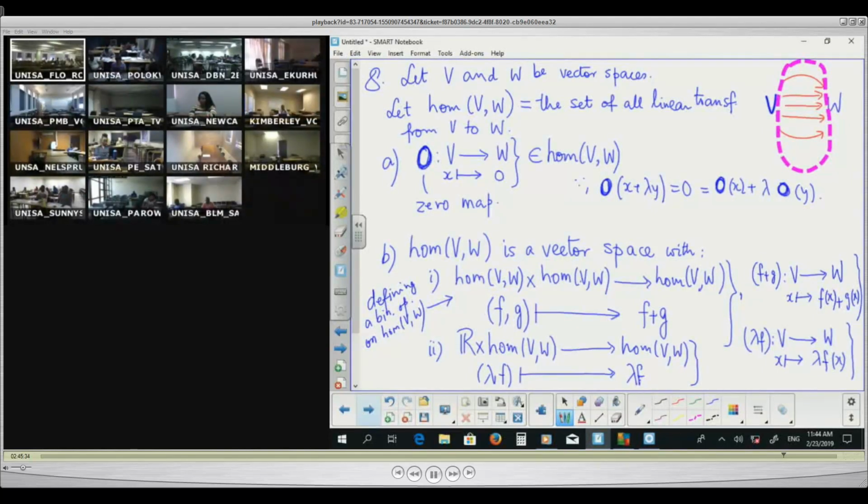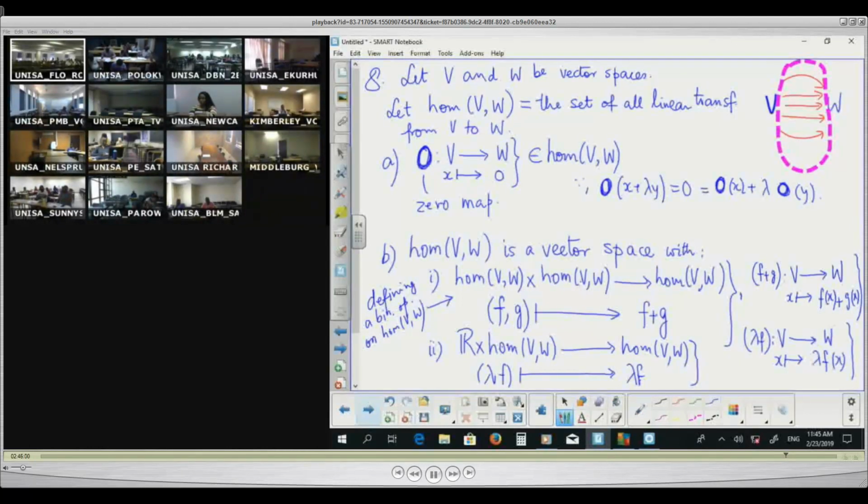So what are the members of this domain? They are pairs, and each one of the elements of that pair, this f and this g, are actually members of hom(V,W). Okay? So what do I have to do? I am defining a binary operation which takes the pair (f,g) to f plus g.